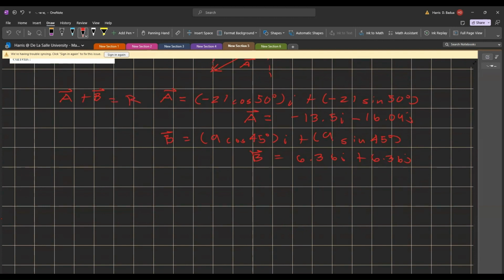Now remember, when we do vector addition, let's say the resultant of this vector addition is R, vector R. So to solve for vector R, we can add the same components. So this is vector A, negative 13.5 plus 6.36, vector i, then plus negative 16.09 plus 6.36 j.